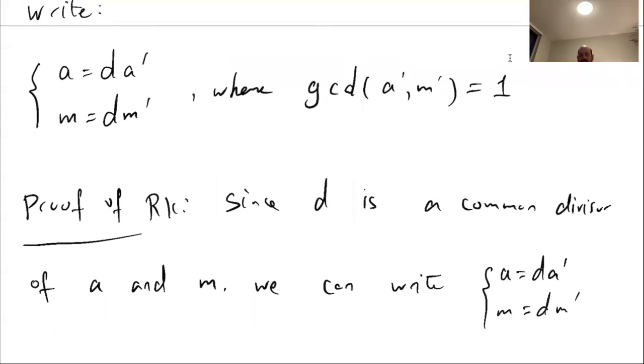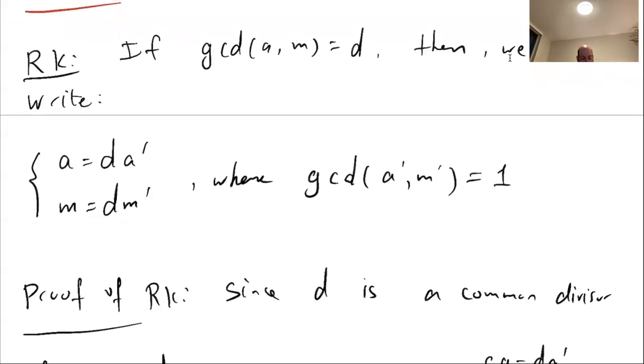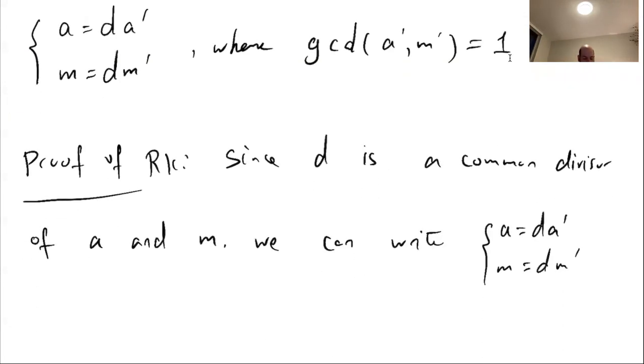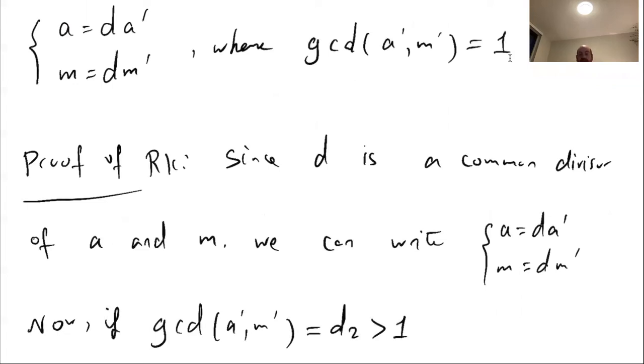So this part is almost obvious, just simply because D is a common divisor of A and M. Now, why can we say GCD of A prime and M prime is 1? Now, if GCD of A prime and M prime is, let's say, some, for example, D2, which is bigger than 1. So if it's not 1, I can call it D2.